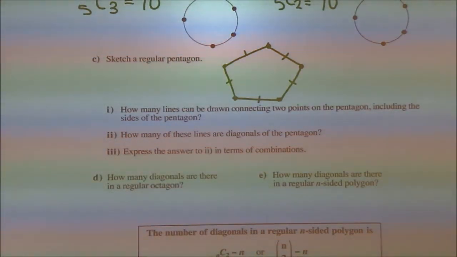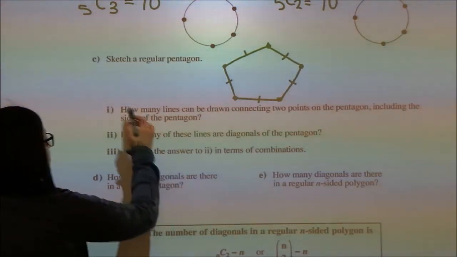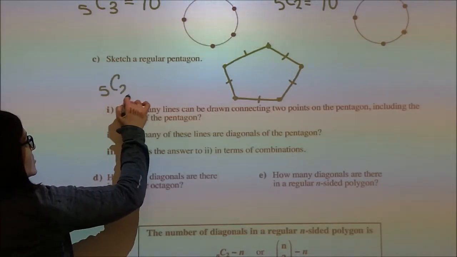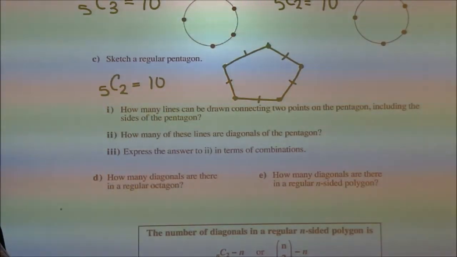So what was the answer to that one? 10. Because I have 5 points, and I'm picking 2 of them. So I have 10 possible lines that I can draw.